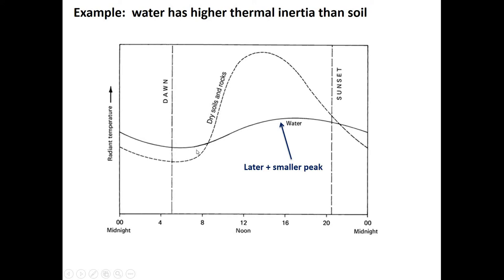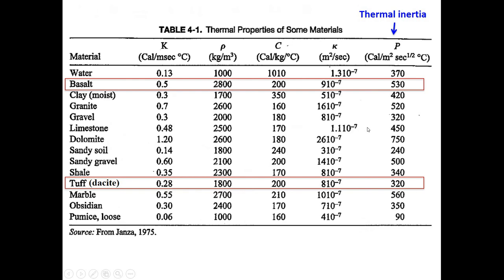Sun rises at dawn. Boom, low thermal inertia, dry soil and rocks. Gets really hot and then comes back down. Water does something different. Sun rises at dawn, starts to warm slowly, doesn't get nearly as hot. It peaks later, okay, because it has a higher thermal inertia, so it lags the sun by a while, and then starts to cool.